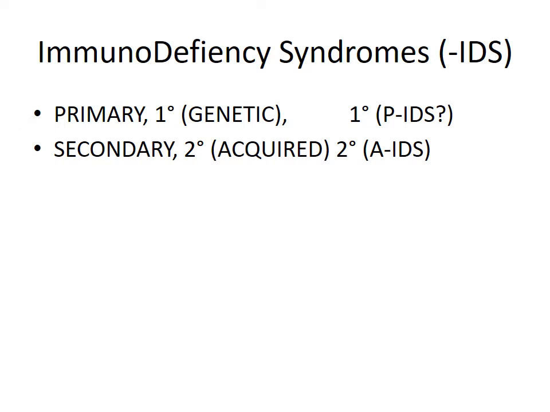Secondary immunodeficiency syndromes are acquired and result from an altered immune system that could be due to infections, immunosuppression, aging, malnutrition, certain chemotherapies, or autoimmunity. For example, AIDS.